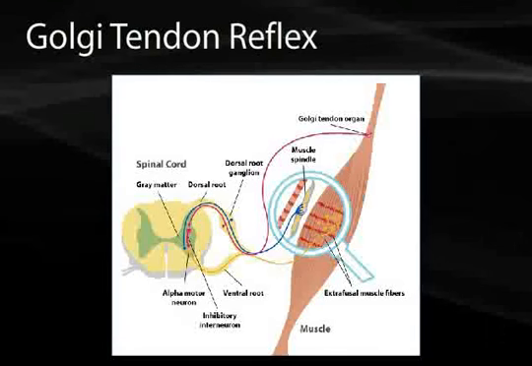One can observe the activation of the Golgi tendon reflex if one were to examine a patient who has upper motor neuron injury and spastic posturing of their upper extremity. What you'll find is that with pulling of the flexed upper extremity, it will be very difficult to cause the upper extremity to extend.